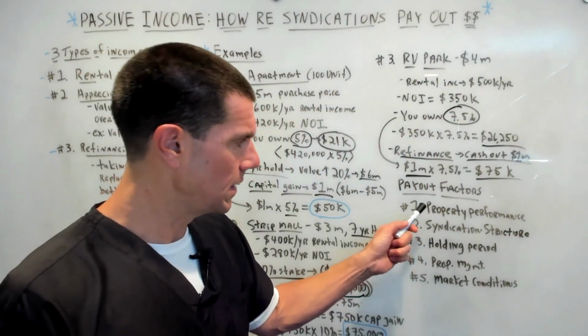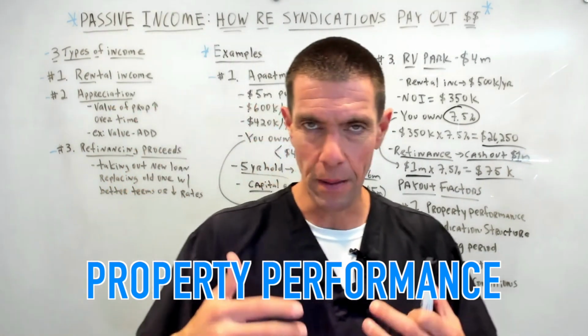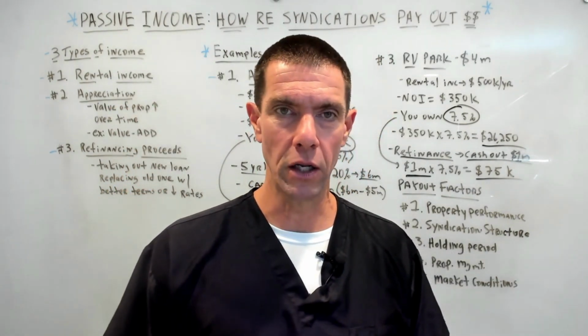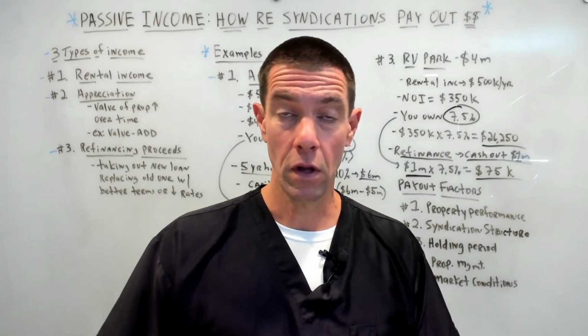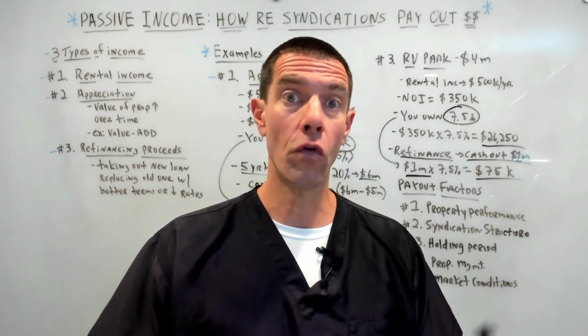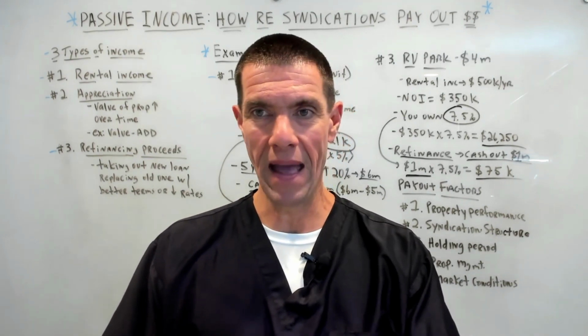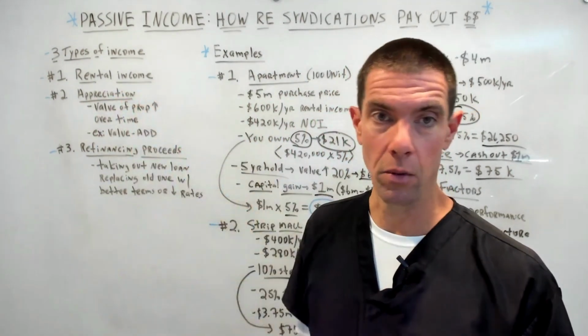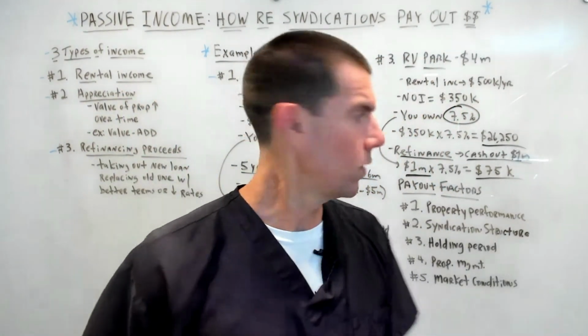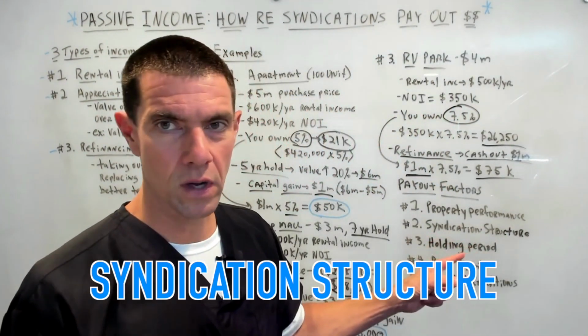First one is the property performance. So basically the performance of the underlying property, including the occupancy rates, the rental rates, and the overall market conditions is going to impact your rental income, right? And the second way is the way that the syndication is structured.